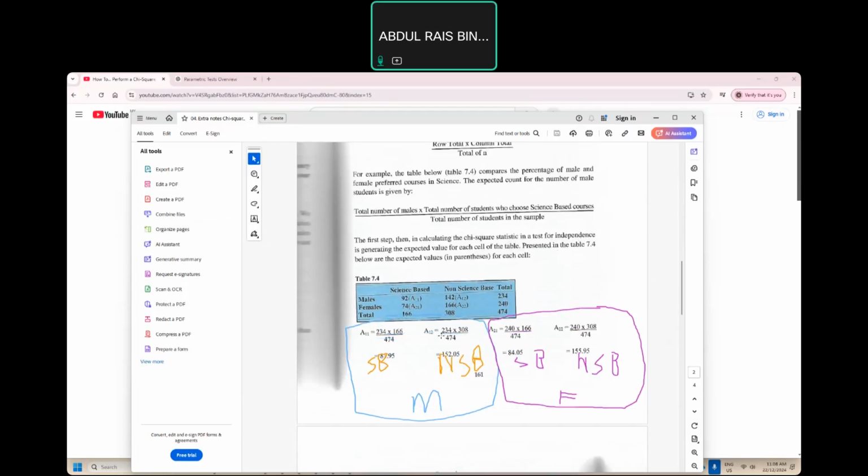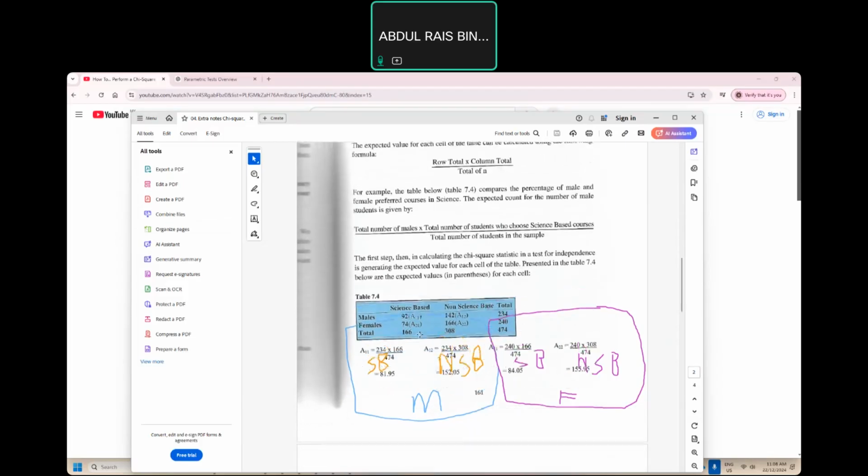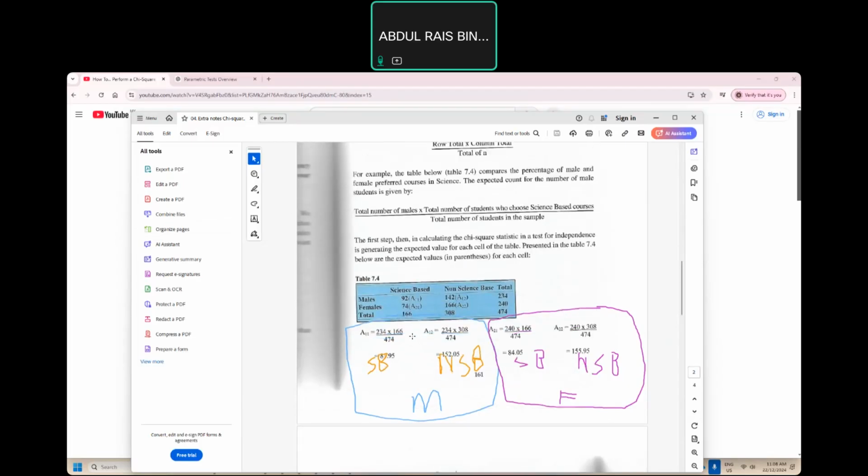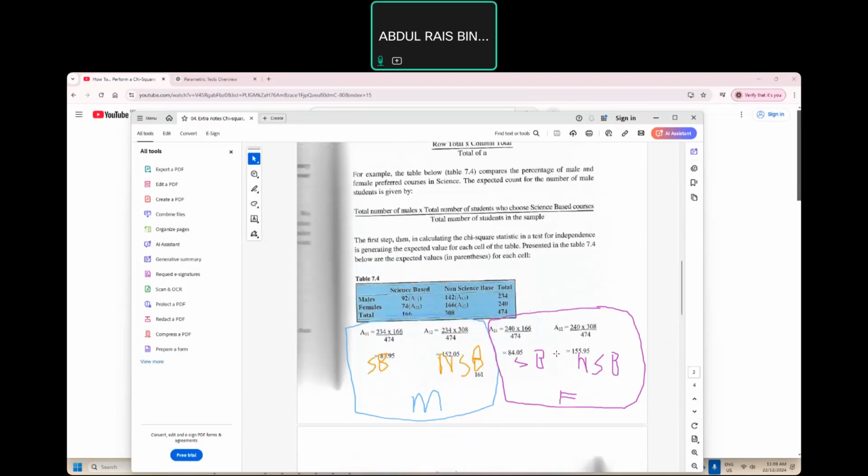A12 dan juga A11, ini adalah calculation bagi expected value bagi males yang ambil sains dan males yang tak ambil sains. Whereas A21 dan juga A22 ialah the expected value untuk females yang ambil sains dan yang tak ambil sains.